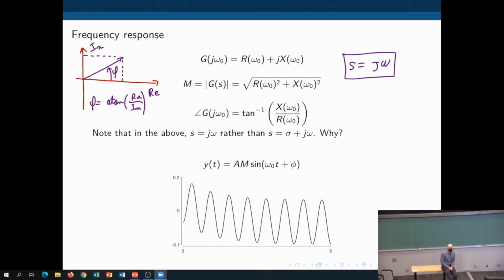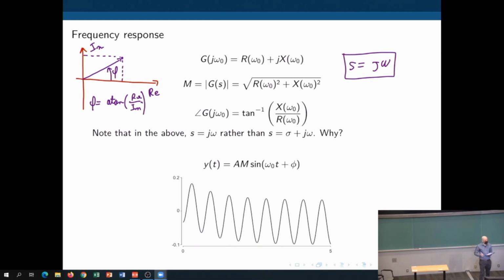Because sigma is the real part, and the real part causes exponentials, causes transients. So if you're only dealing with the steady state, why bother? Just take sigma away. Instead of calculating the whole thing, make the real part go to 0. Just forget about sigma, because it only causes transient.